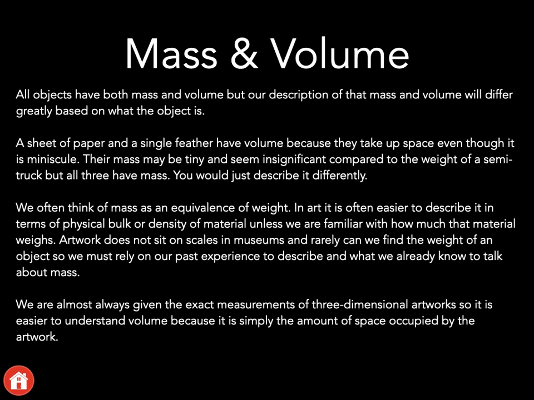A single sheet of paper or a single feather both have volume because they do take up space, even though it's minuscule. Their mass may be tiny and seem insignificant compared to the weight of, say, a semi-truck. But all three of these have mass. You just describe it differently.